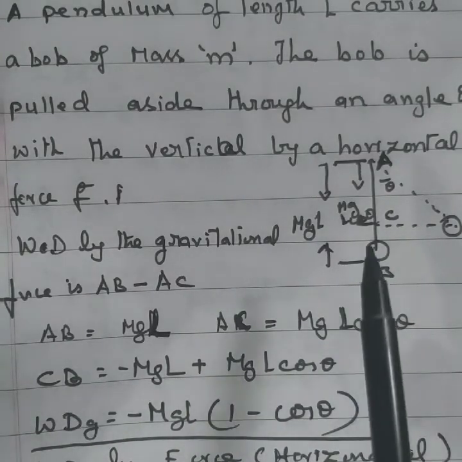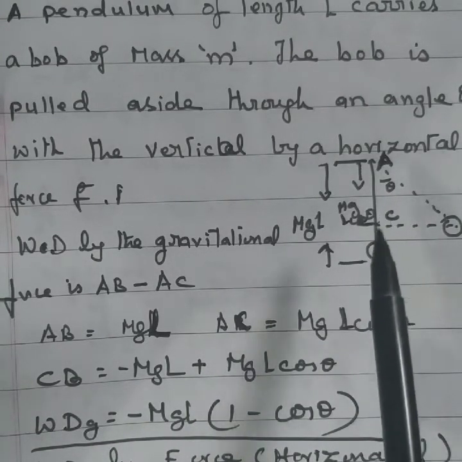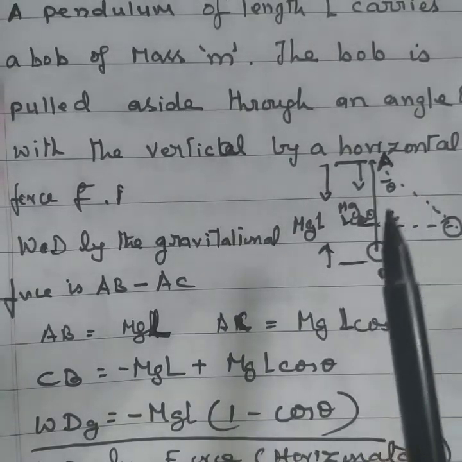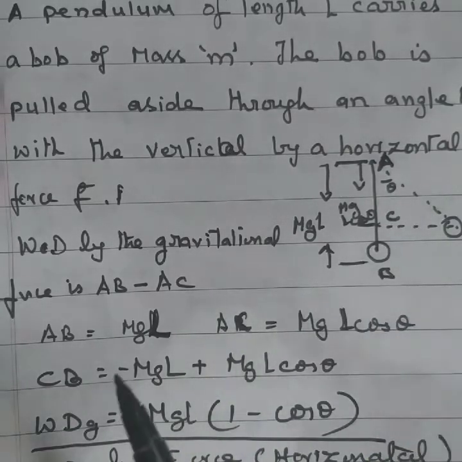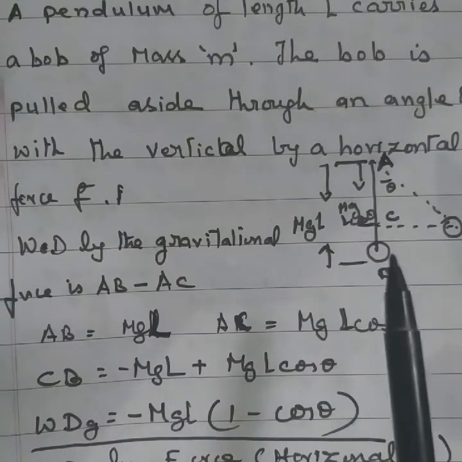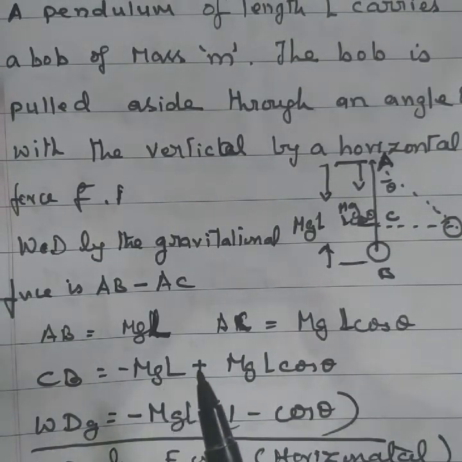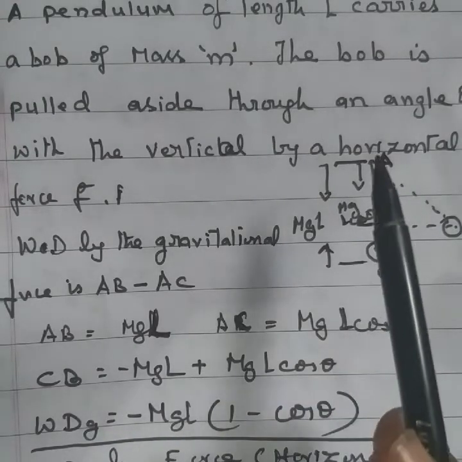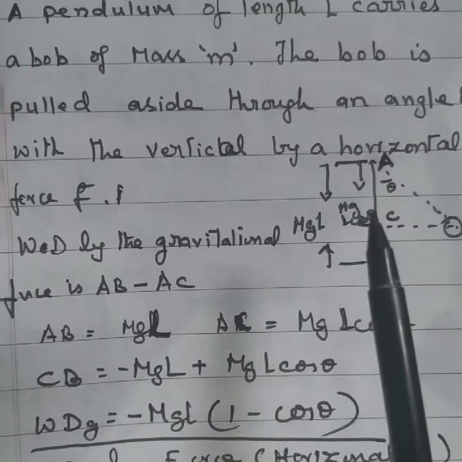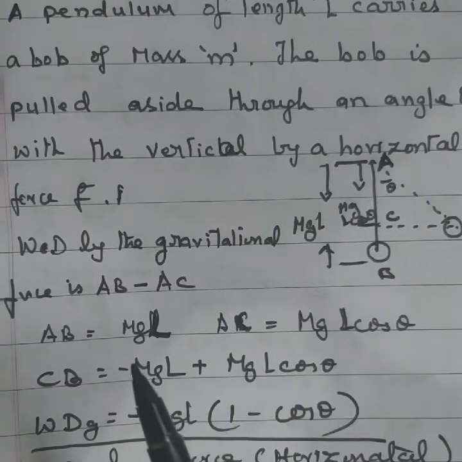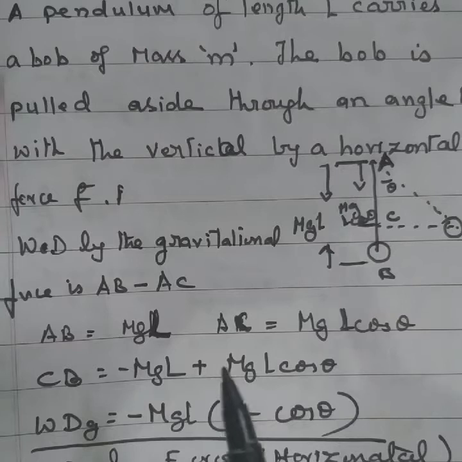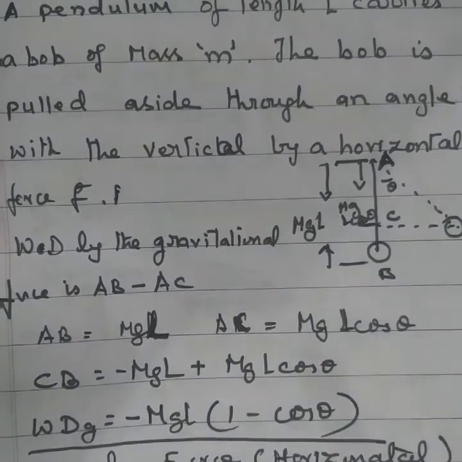Now CB, this raised part, means AB minus AC. AB is equal to minus MGL because G is acting down, the bob going up, and minus MGL cos theta. So minus becomes plus: minus MGL plus MGL cos theta. So take the minus MGL common, so 1 minus cos theta remains.